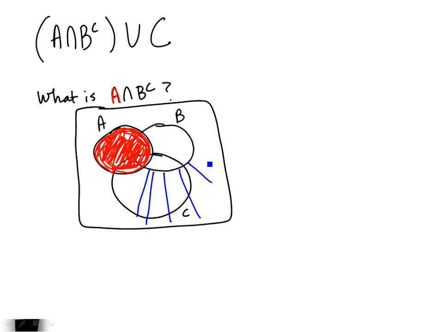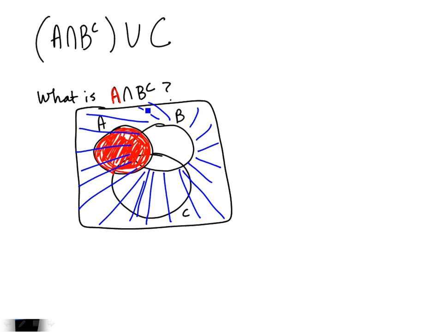So that's B. B complement is everything outside of B. Make sure I'm doing everything outside of B. Now the intersection of these two things is where the red and blue touch.